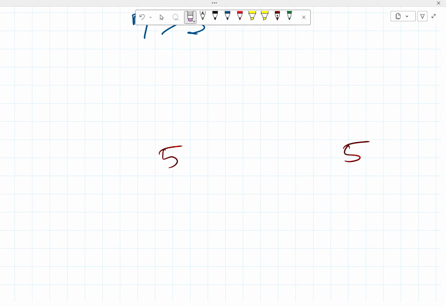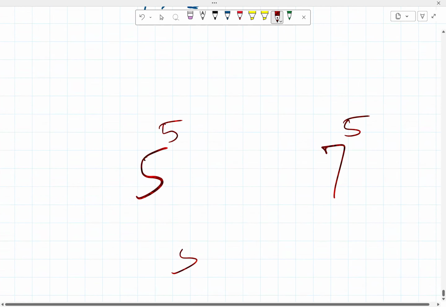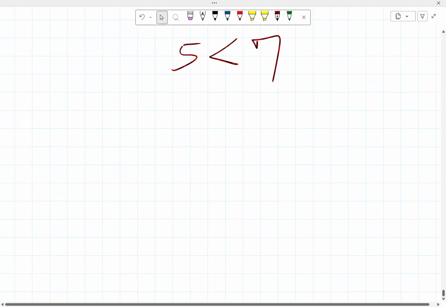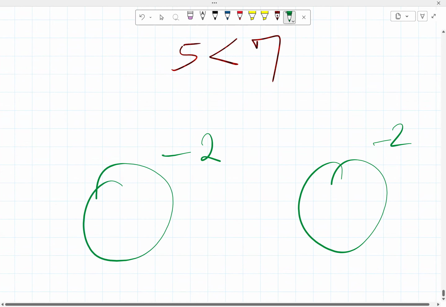Let's imagine that we have 5 raised power 5 and 7 raised power 5. Because 5 is less than 7, that means 5 raised power 5 is less than 7 raised power 5. So that's the case if powers are the same. Or imagine if you have something power minus 2 and something power minus 2.